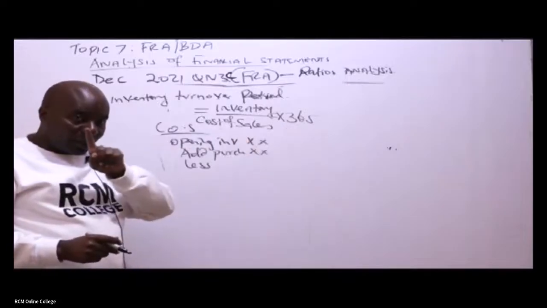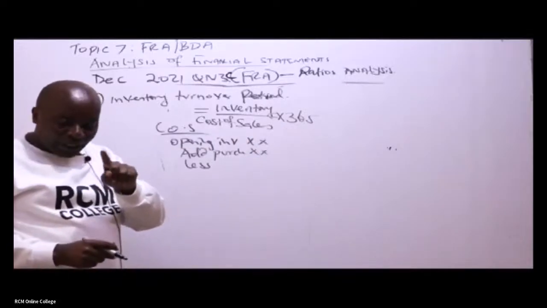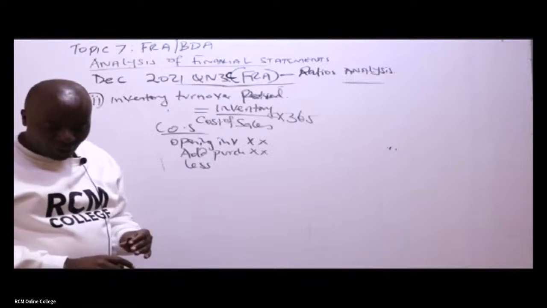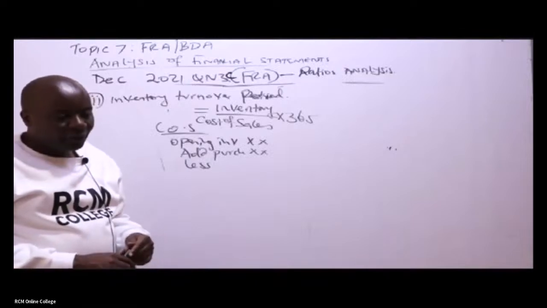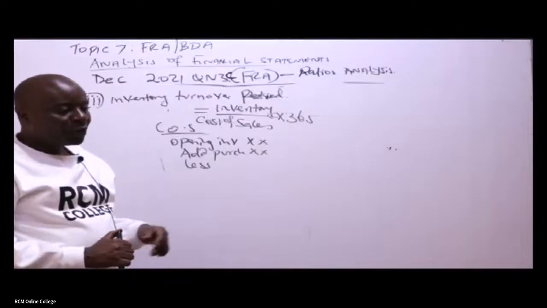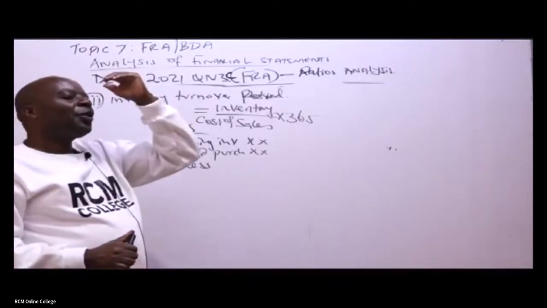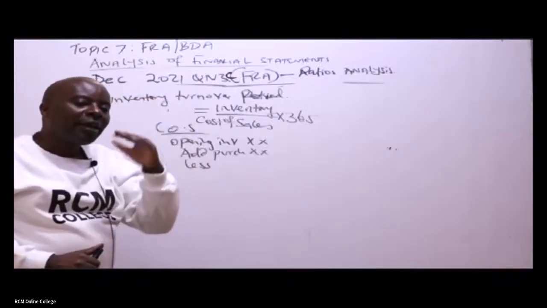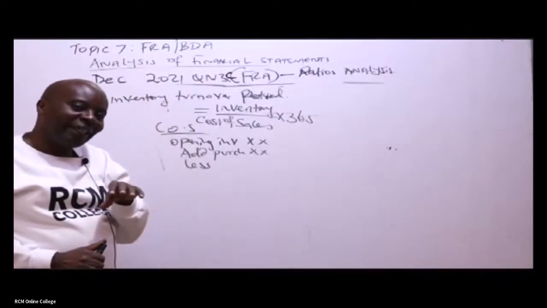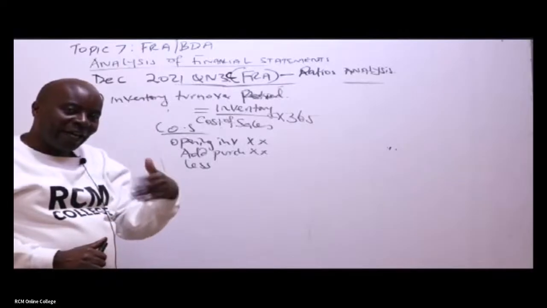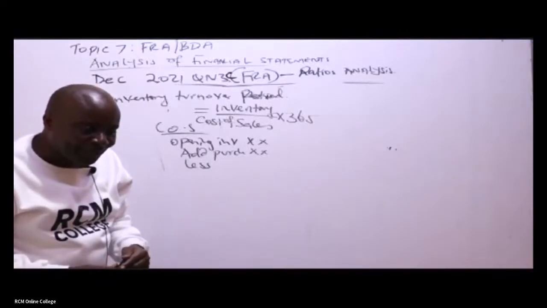The examiner will dictate that for you. Like now in this question, he has told us to assume a 365-day financial year. So this is how we calculate inventory turnover period: inventory over cost of sales times 365.